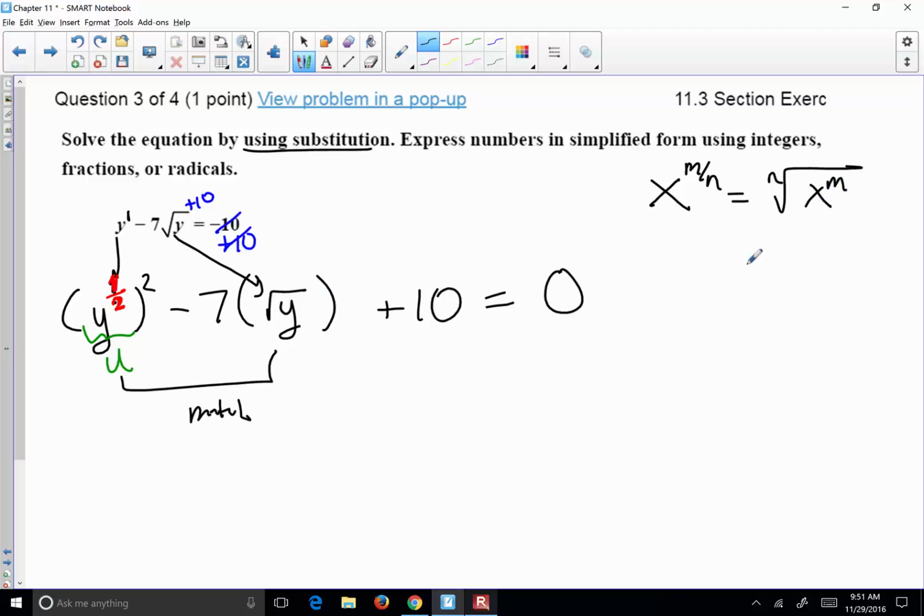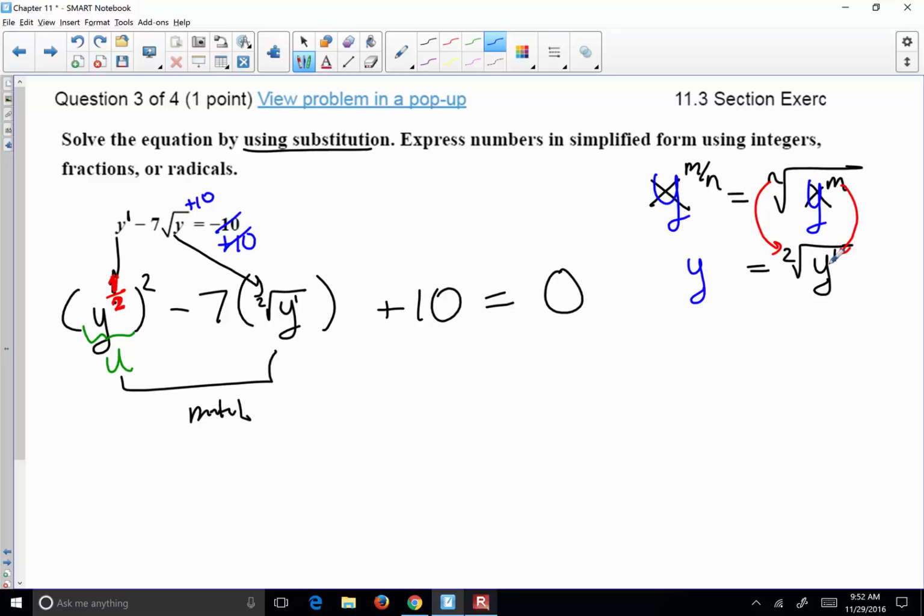Now I want you to look at this side. Isn't this a square root raised to the first power? Right? n is 2, m is 1. When you change this into a power, what does this flip into? I'm sorry. Let's make these with y's so that we can have a fit. y to the m, y to the first, n is 2. What does this flip into when you flip?